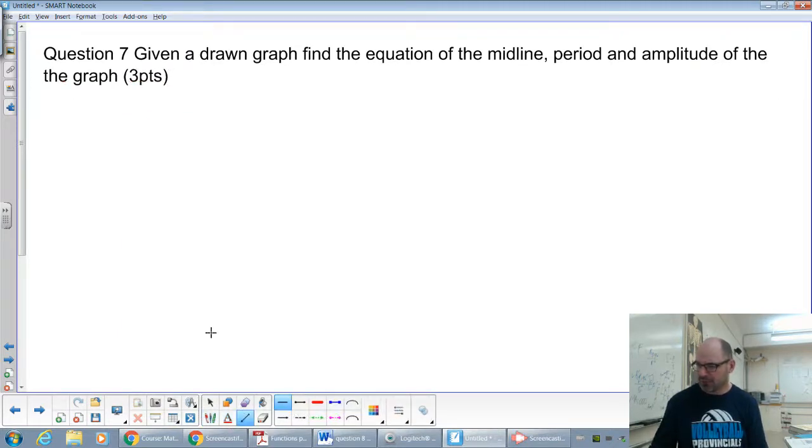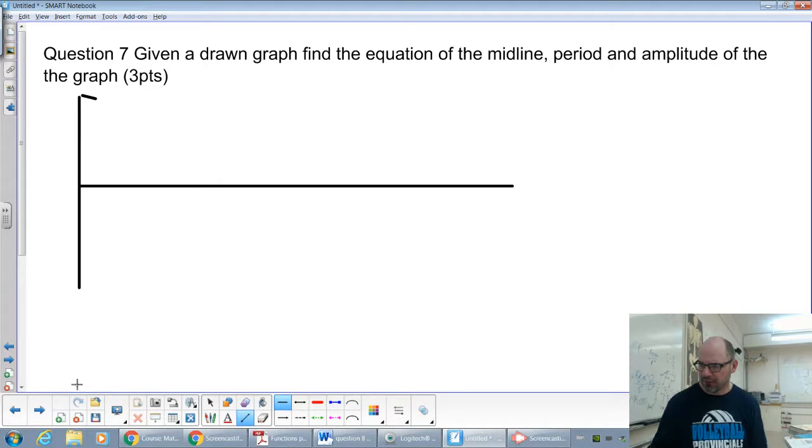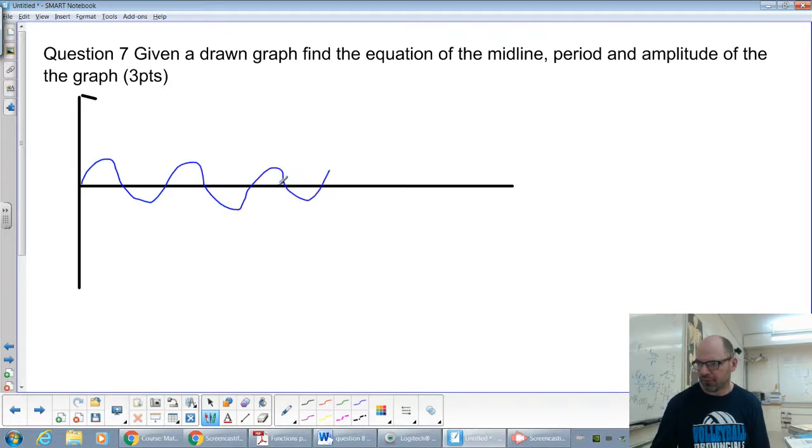So if I had a graph like this, and let's say it went like that, and we knew that this was 2, and this was -2, and this was 10, 20, 30, 40, 50, 60.